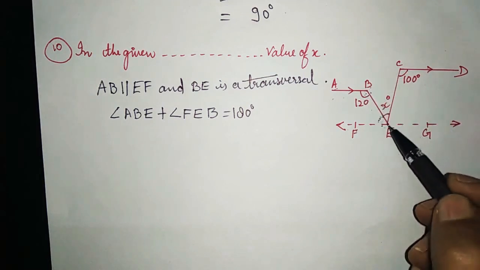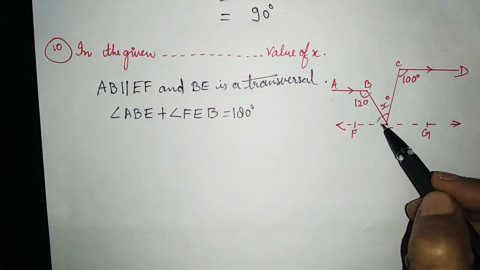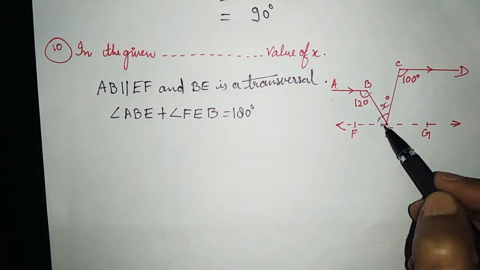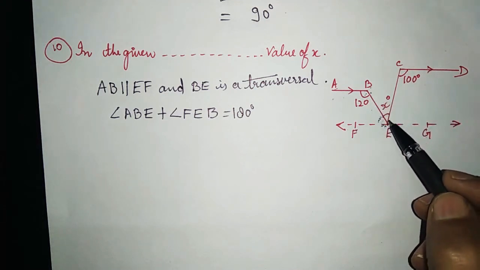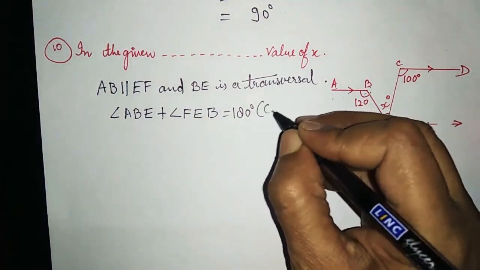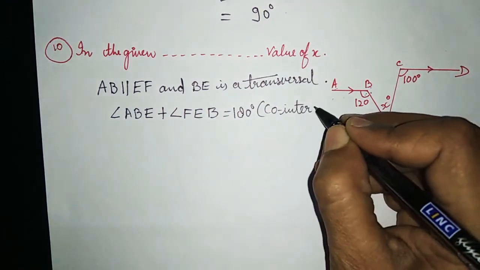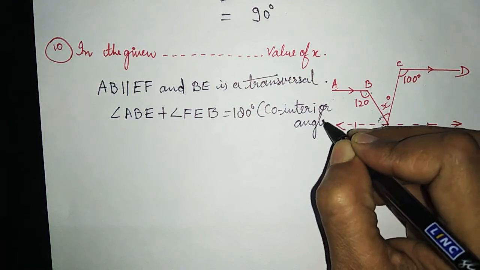So these two angles are the pair of co-interior angles, and the sum of co-interior angles is equal to 180 degrees because they are supplementary. So here we will mention co-interior angles.